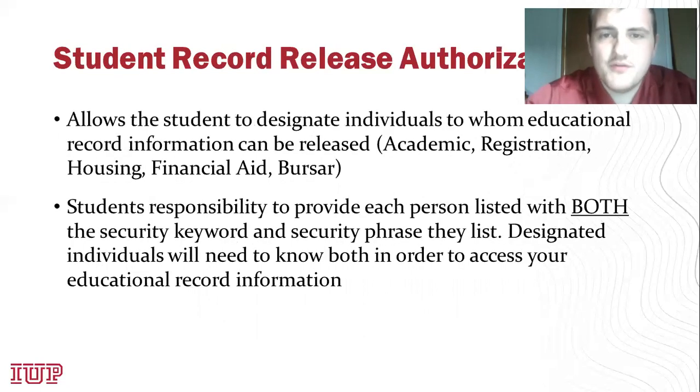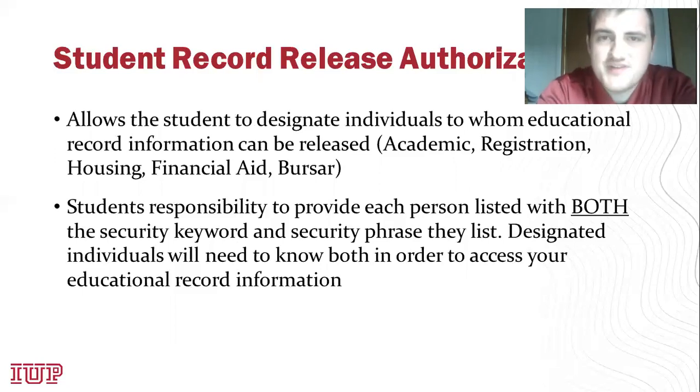Okay, the student record release authorization allows the student to designate individuals to whom they wish educational records be released. Once the student registers at orientation, their educational record is locked, and we cannot release any information about an educational record to anybody unless they have a security keyword and phrase.